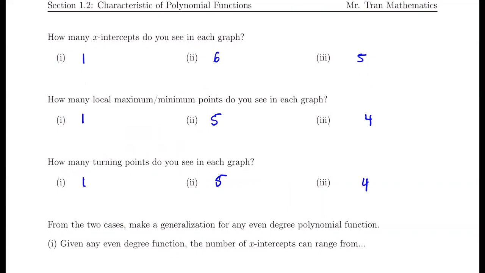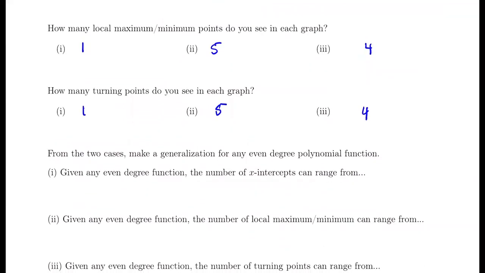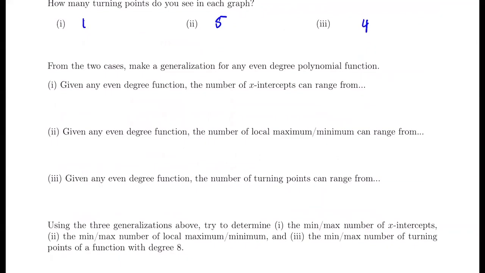All right, so let's make a couple of generalizations for even degree polynomial functions. For any given even degree polynomial function, the number of x-intercepts can range from, here's the thing with the even degree case, let's say we have a quadratic function that's given like this. Notice that the quadratic function can also go above the x-axis.